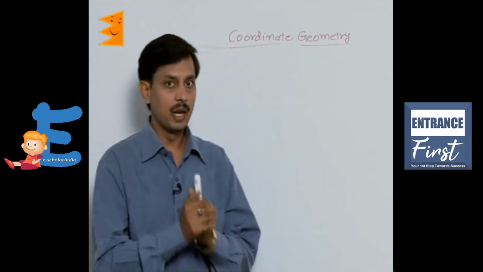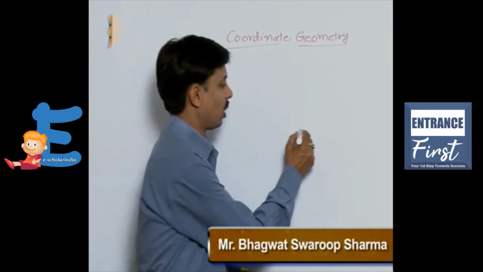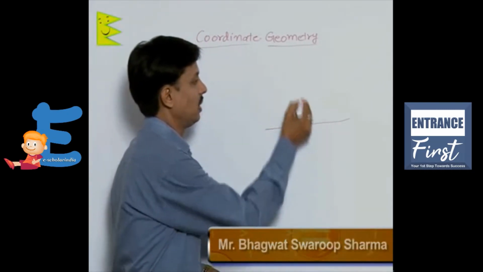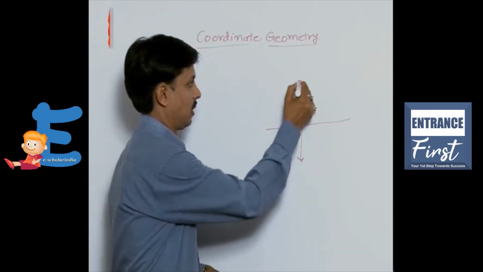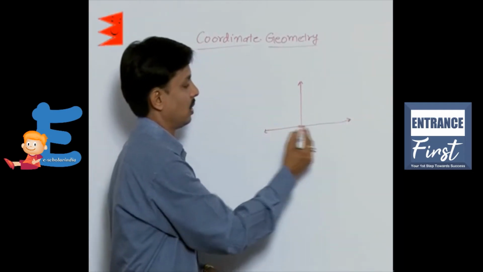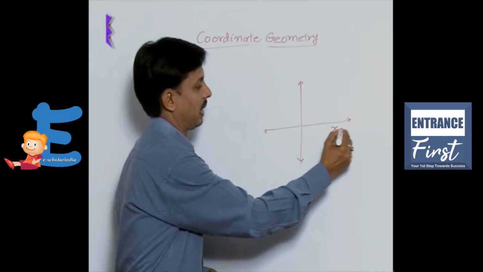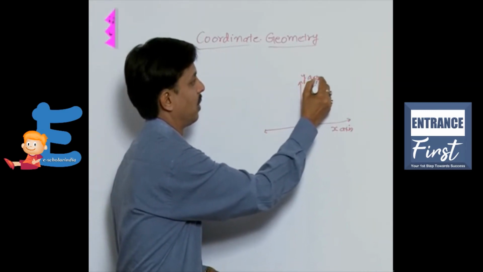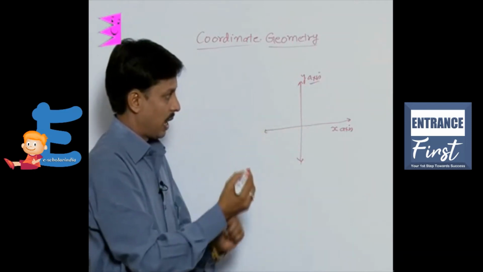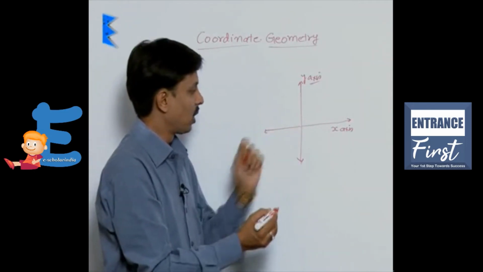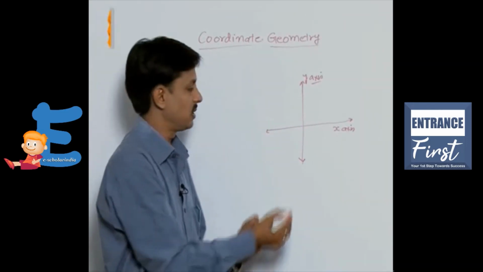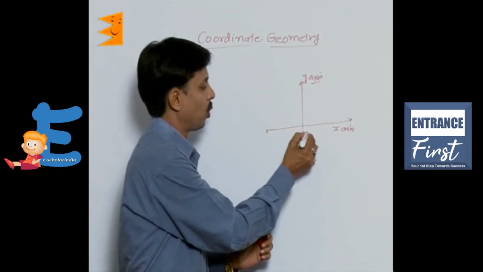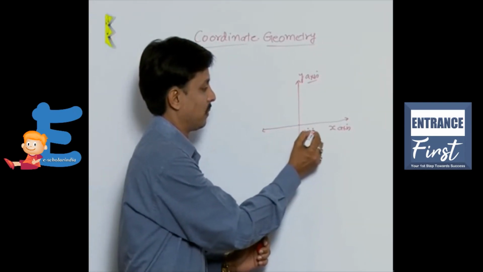Now, in a plane, if we draw one horizontal line and another vertical line, perpendicular to each other, the horizontal one is known as the x-axis and the vertical one is known as the y-axis. The point of intersection of the x-axis and y-axis is known as the origin.